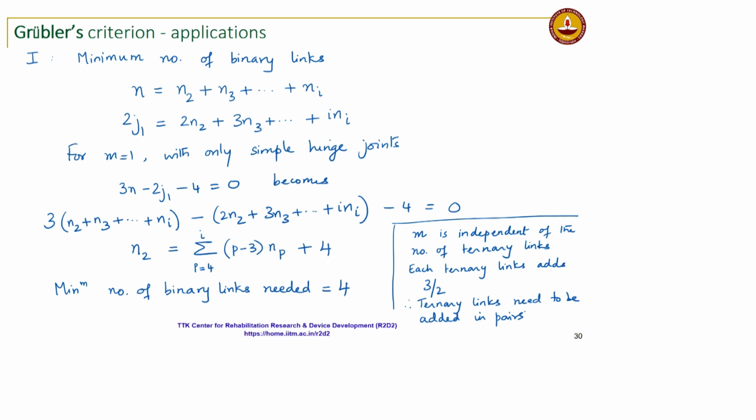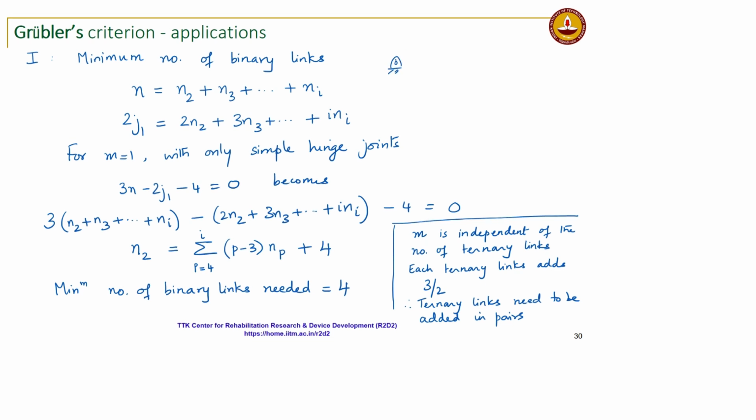That is what this equation tells you. If I add ternary links in pairs, I still get an integer number of joints, and therefore I should still be able to make a mechanism with mobility equal to 1. You can see that if you look at a 4 bar to a 6 bar.